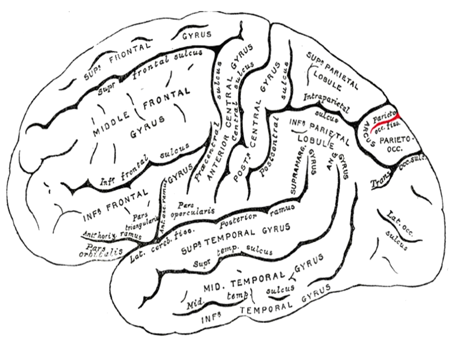Here's the brain with all of the names of the structures. If you look on page 40, in figure 2.4a you will see the central sulcus, and you will see that it divides the primary motor cortex from the primary sensory cortex.